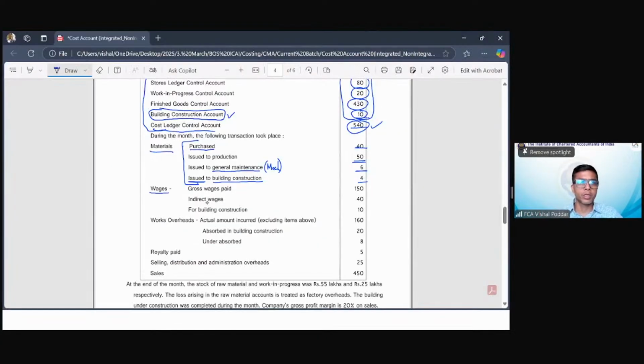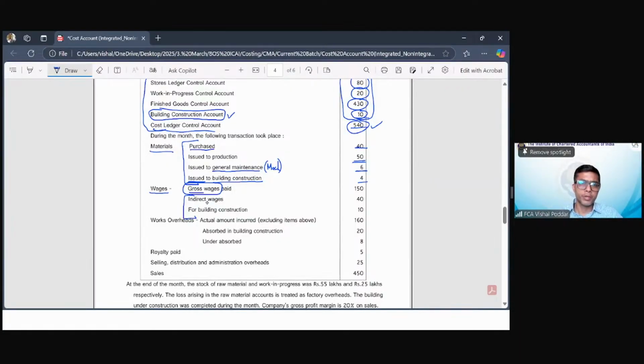Now, coming to wages. In wages, you have to be very careful with the terms used. Till now, they were giving you production or the direct wages and the indirect wages. Now here, firstly, they have said gross wages. When they say gross, we all understand it means all wages combined. And then they have given breakup.